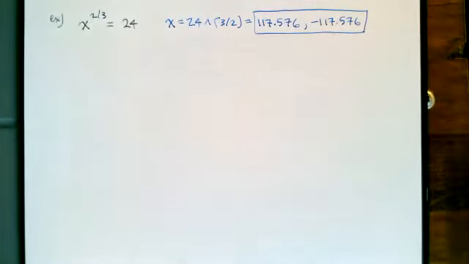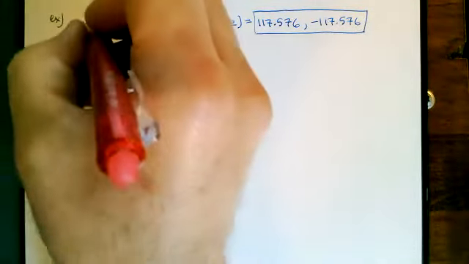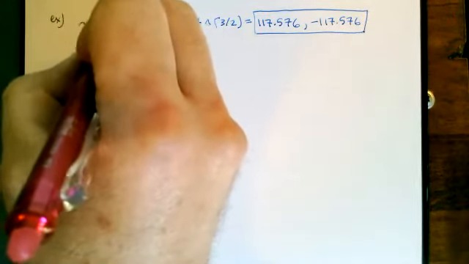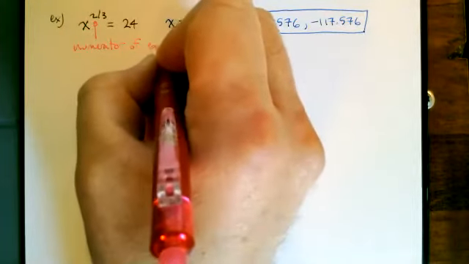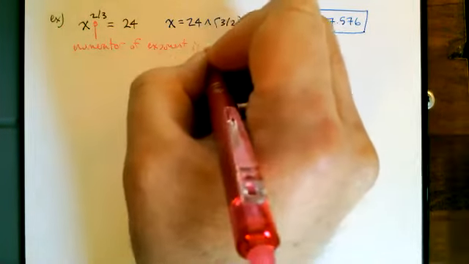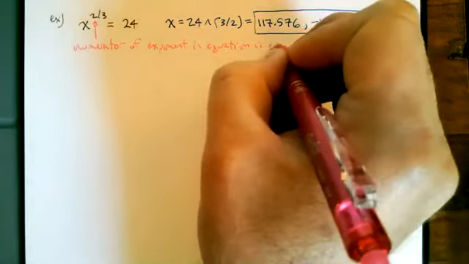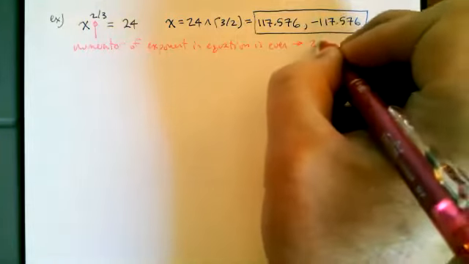This happens because we have x to the 2/3, and we see that the numerator of the exponent in the equation is even. And so that's why we get two solutions.